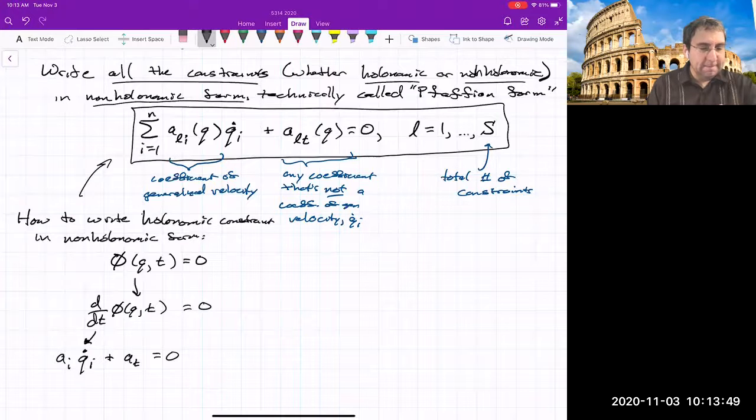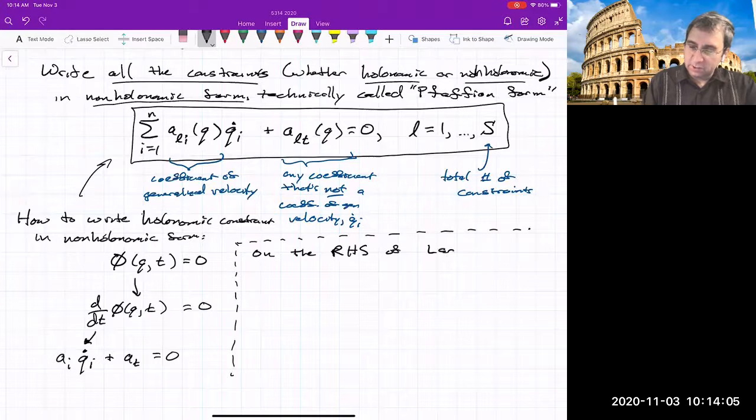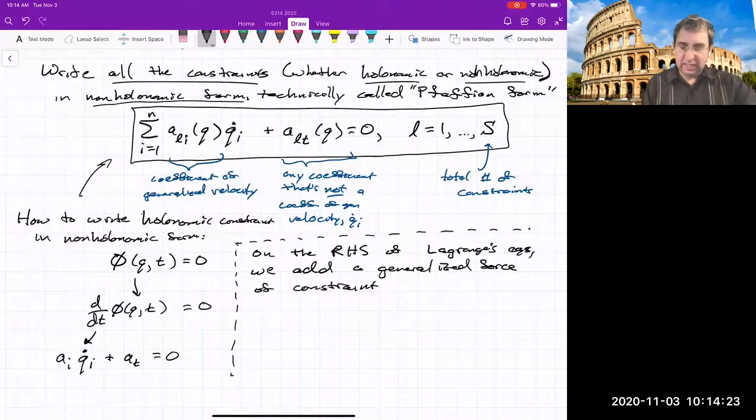All right. So if we have a situation like this, I'll tell you the punchline. The punchline is on the right-hand side of Lagrange's equations, we add a generalized force of constraint. We'll use capital C for this, C sub i.